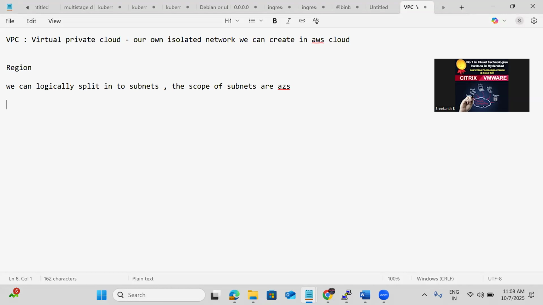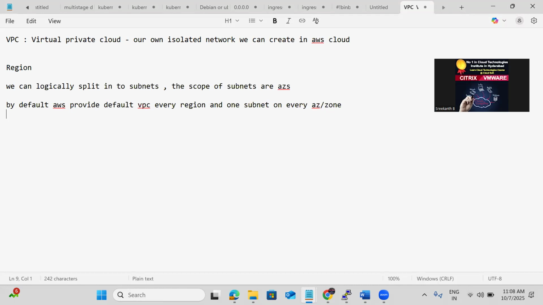By default, AWS provides a default VPC in every region and one subnet in every availability zone, without us doing anything.